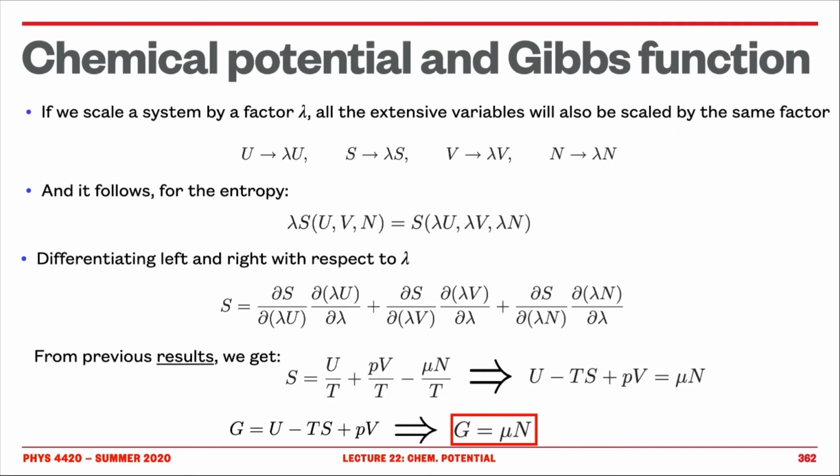I'd like to attract your attention on an important point here. Physicists and chemists defined Gibbs slightly differently in terms of on a per mole versus a per particle. So physicists tend to prefer a per particle description, while chemists use a per mole. So be careful when you compare this to chemical results.